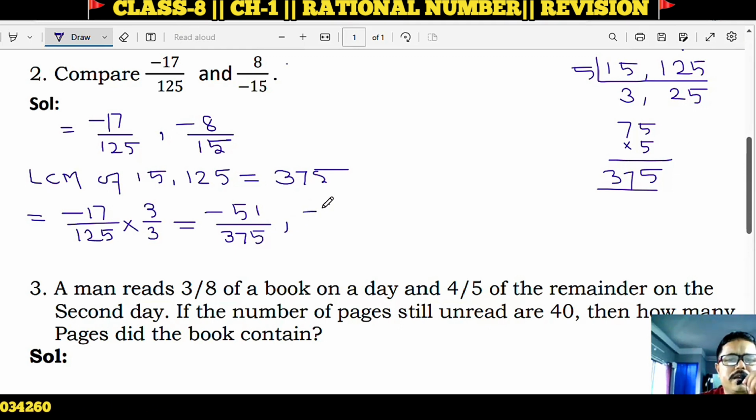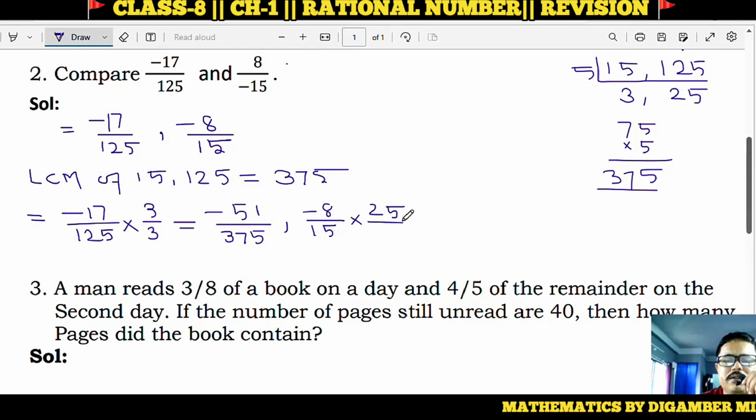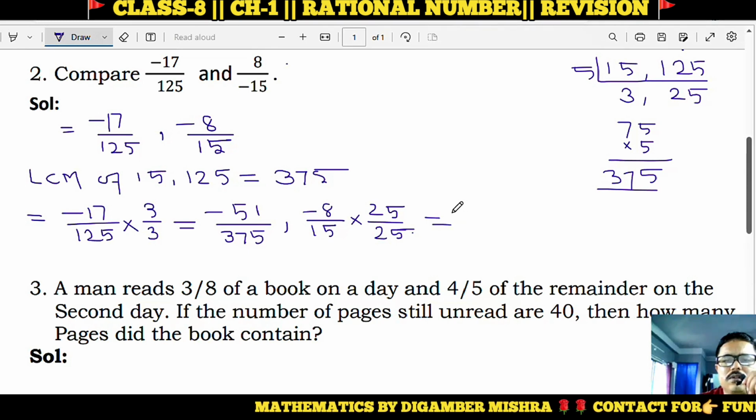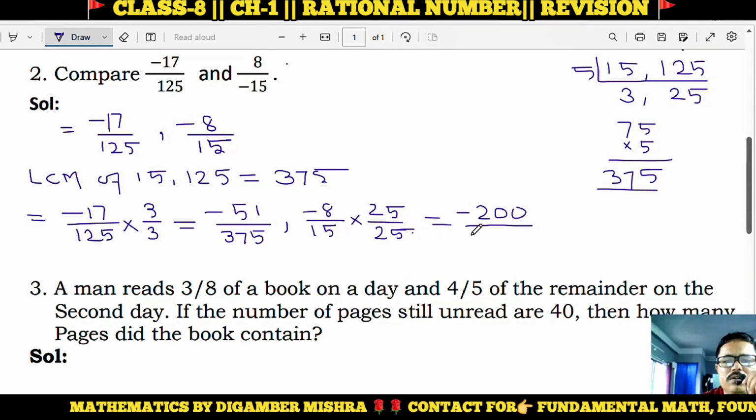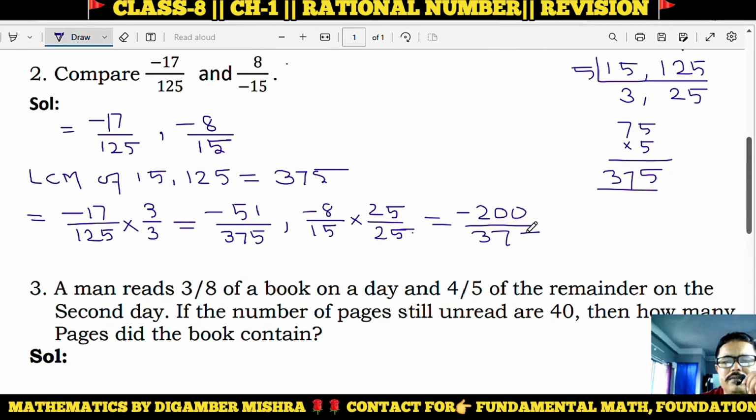Now the same thing we will do with minus 8 upon 15, and this will be multiplied by 25 upon 25 to make the denominator 375. So this is equal to minus 200, because 25 into 8 is 200, upon 375.